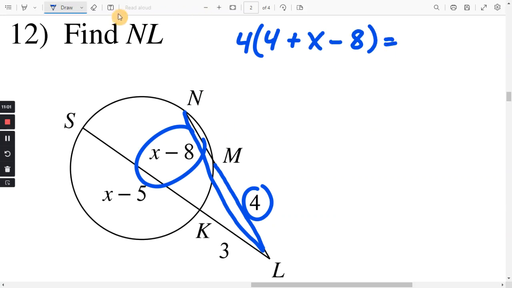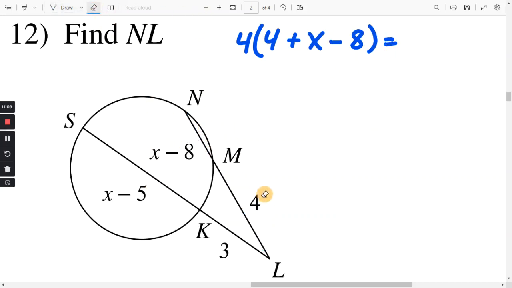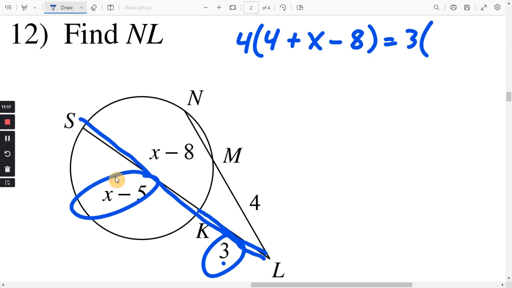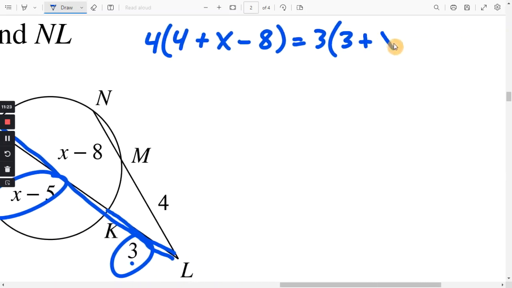And now we do the same thing to the other segment. You take the external part, that's 3, and use parentheses, that's times this whole thing. So it's going to be 3 plus x minus 5.